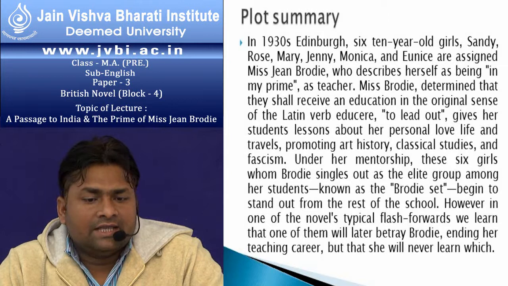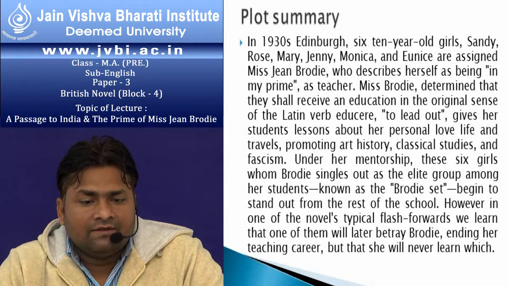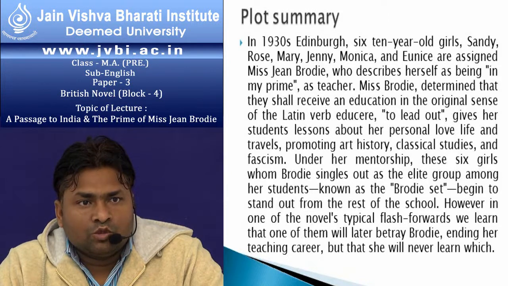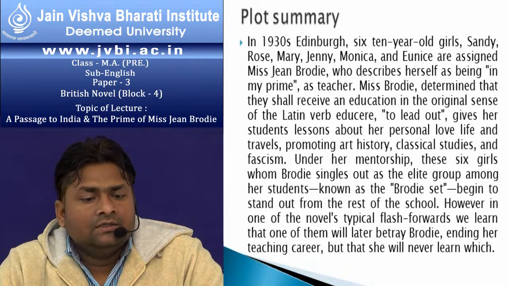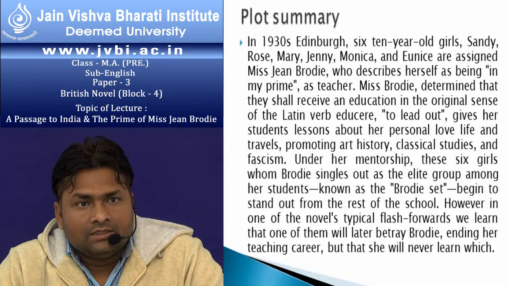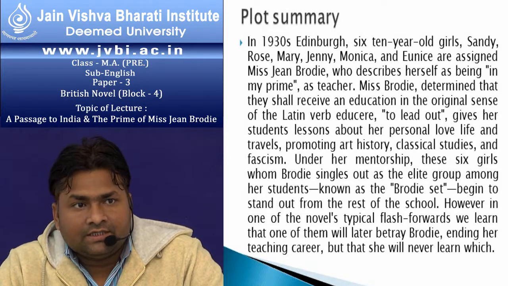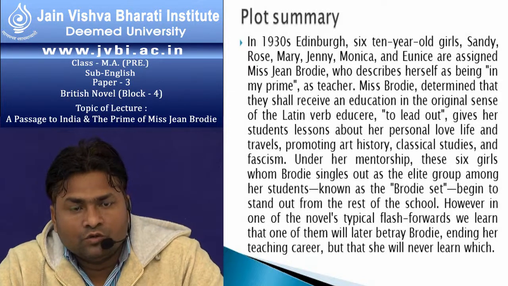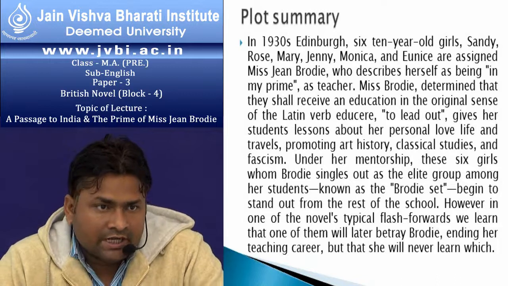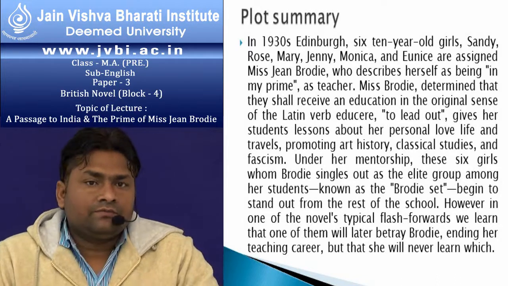She gives her students lessons about her personal love life and travels, promoting art, history, classical studies, and fascism. Under her mentorship, these six girls, whom Brodie singles out as the elite group among her students, known as the Brodie set, begin to stand out from the rest of the school.